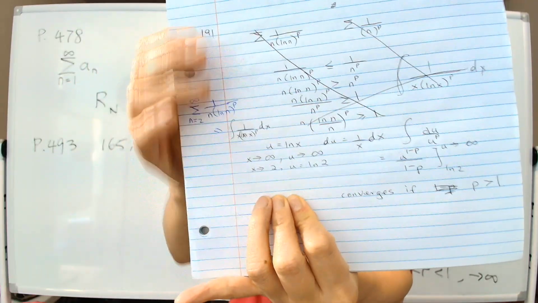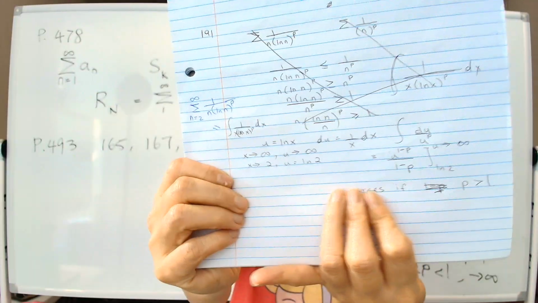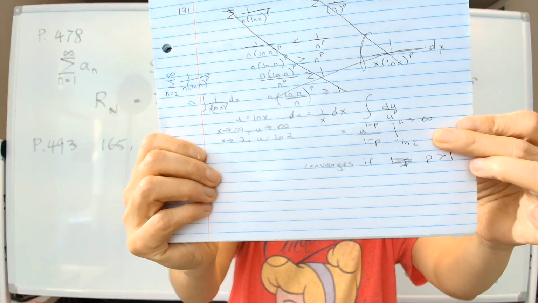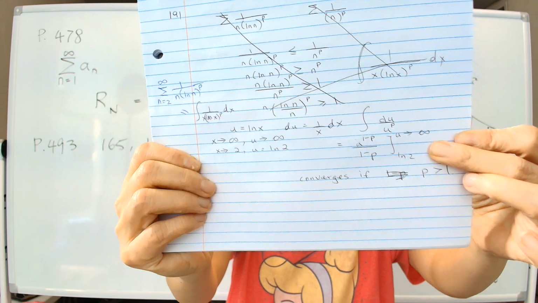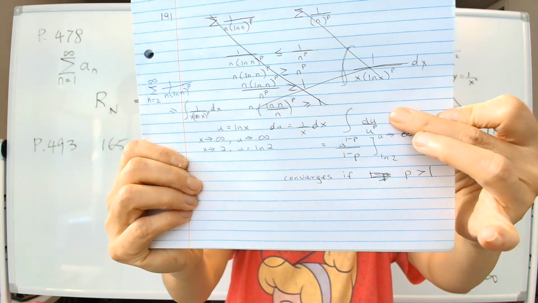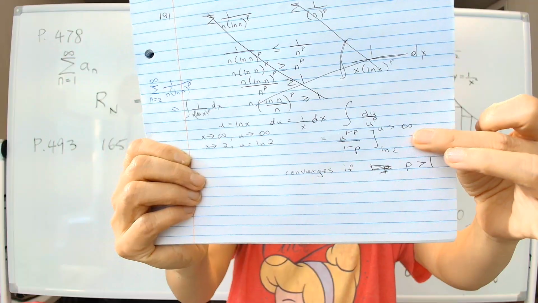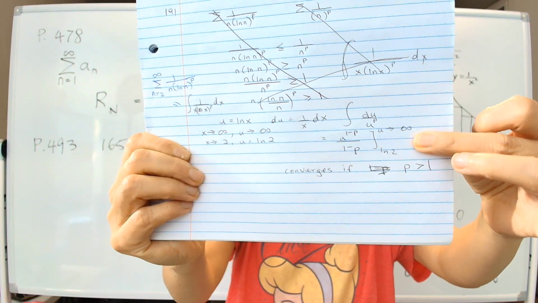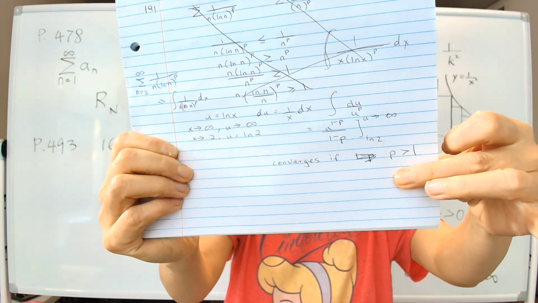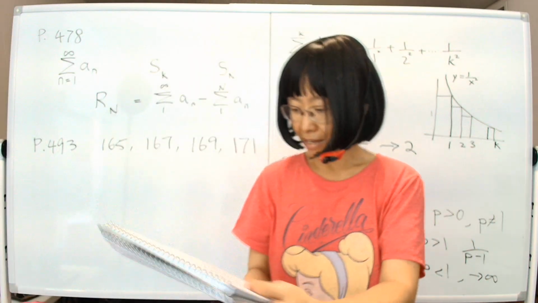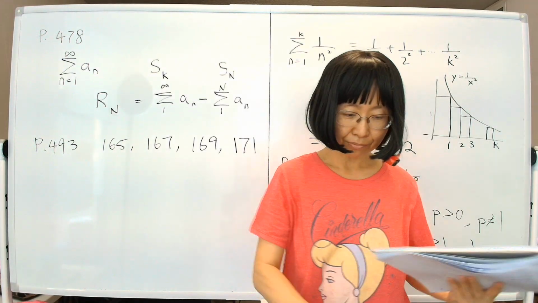And once we have done that, we have come up with something like this, which is the same as the p series, right? In fact, the integral, as you can see, ends up looking like the p series. So the story ends up being the same. That is, it converges if p is bigger than 1 in both cases. So that is the answer.